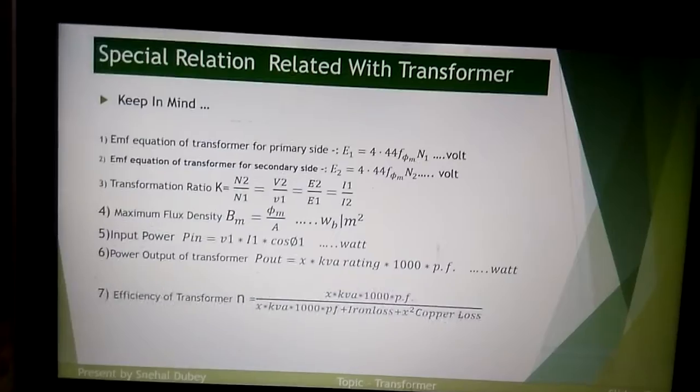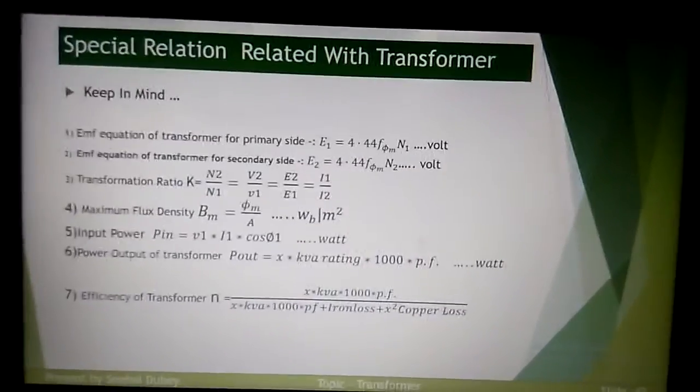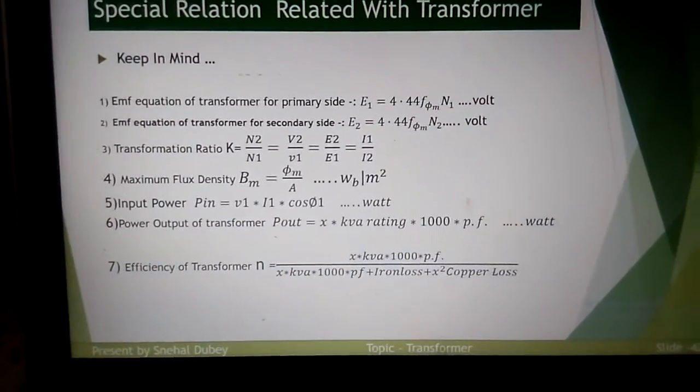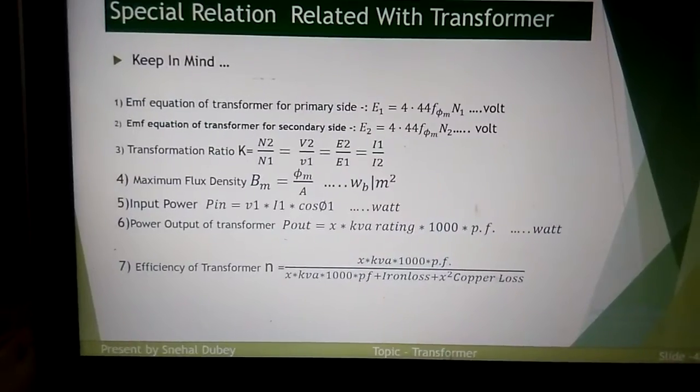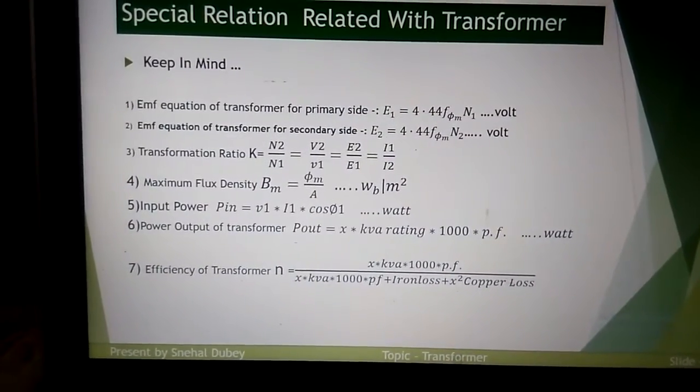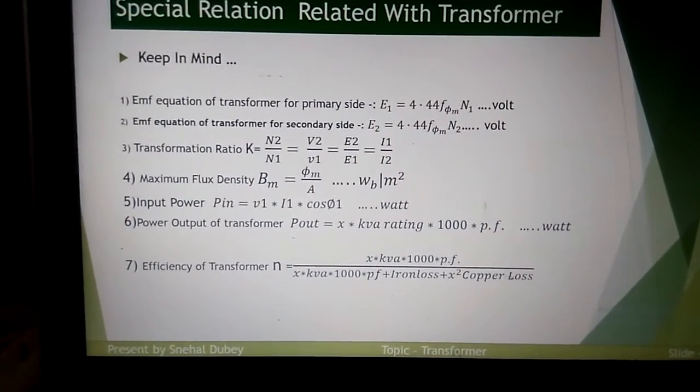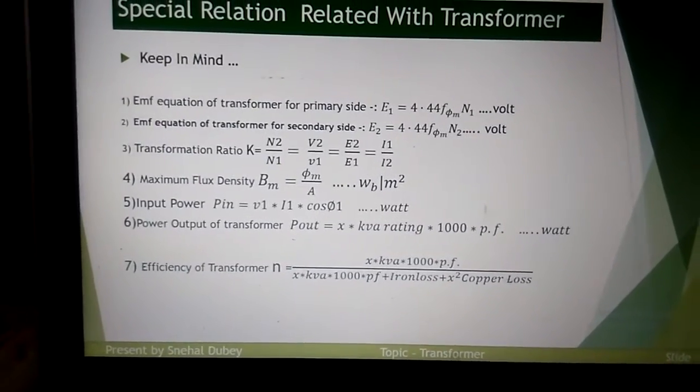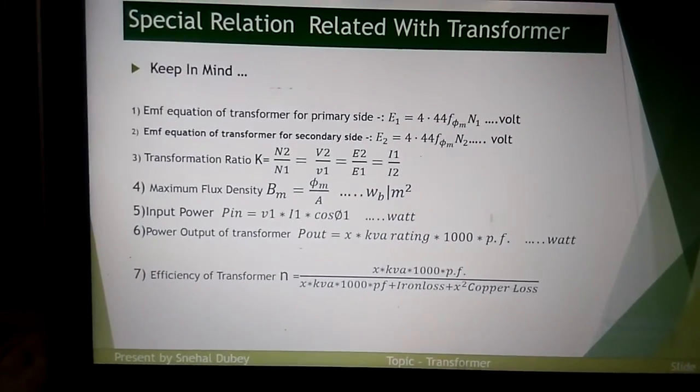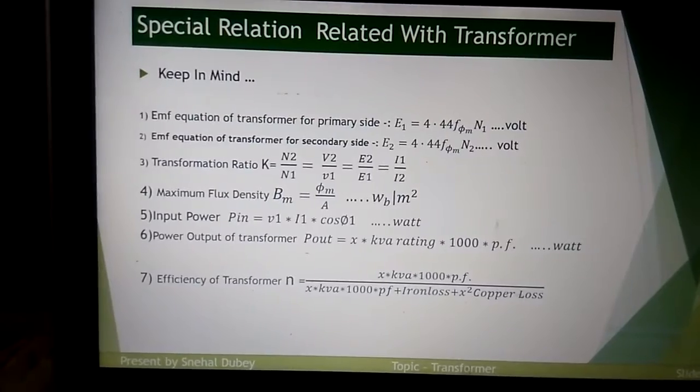Next, efficiency of transformer, that is eta. Eta is equal to output upon output plus losses. So output is X into kVA into 1000 into power factor, upon X into kVA into 1000 into power factor plus losses.